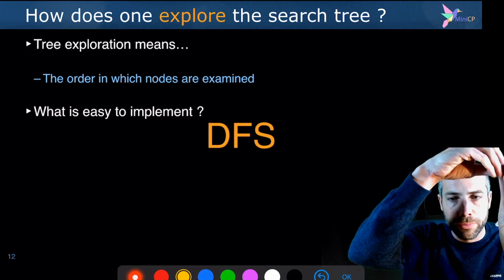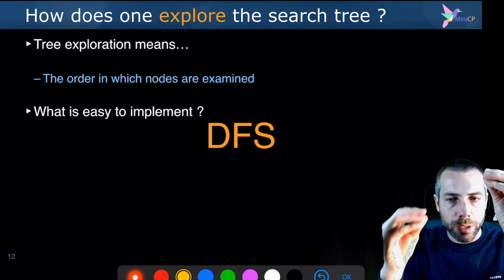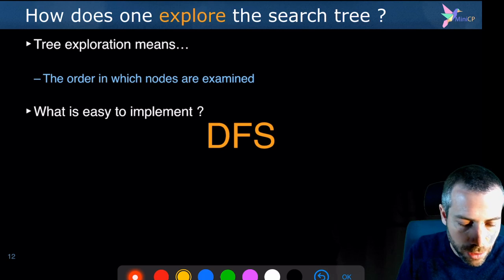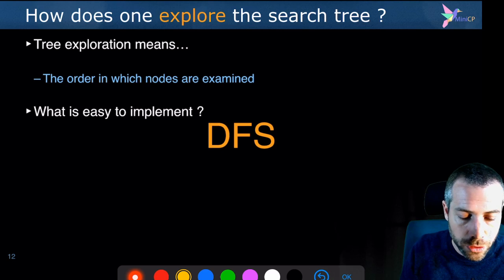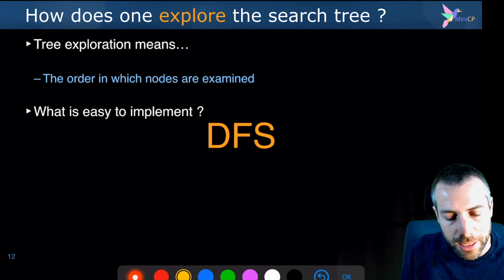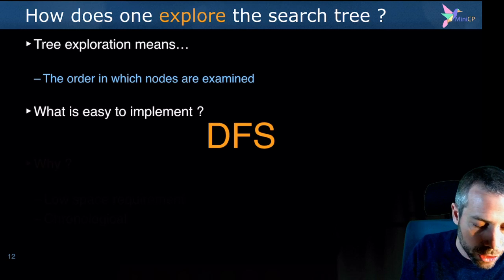If you go from the root node to the current node, the size that you will require is proportional to the depth of the current node. The only state that you need to store is all the ancestor nodes previous to the node that you are currently visiting. So it's very easy to implement, and this is also a chronological search.